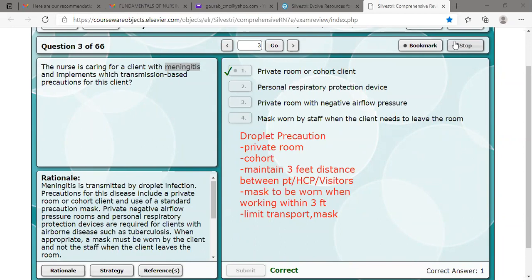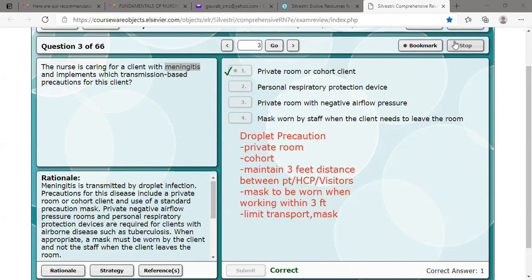Cohorting means patients infected with the same organism may share a room. It is called cohorting: same organism, same infected persons should share. And also maintain a 3 feet distance between patient and visitors, or patient and healthcare provider.